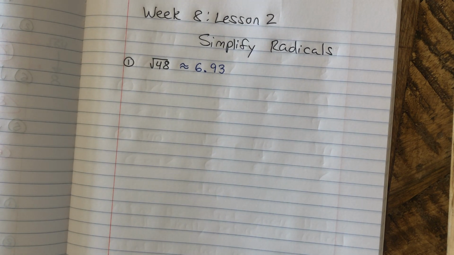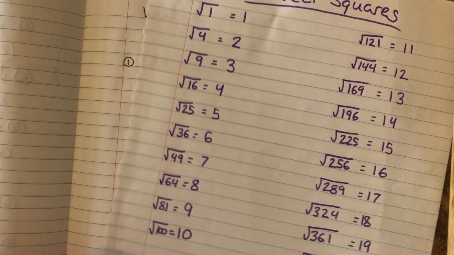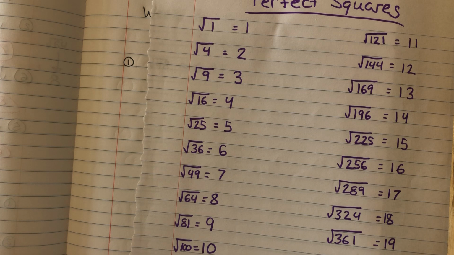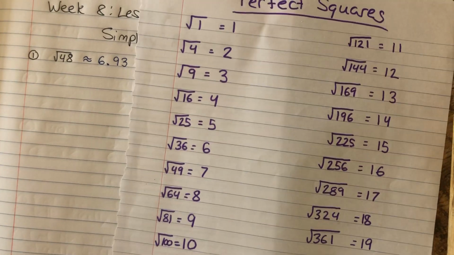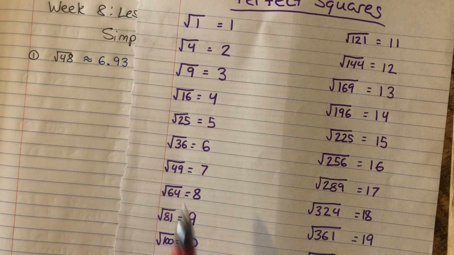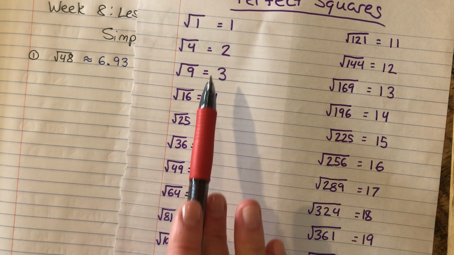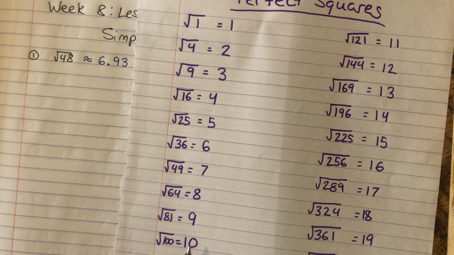What I'm going to do first to simplify is figure out what perfect squares can go evenly into this radical. We like to work with perfect squares because perfect squares end up as integers, nice, pretty, even whole numbers with no decimals and no fractions.